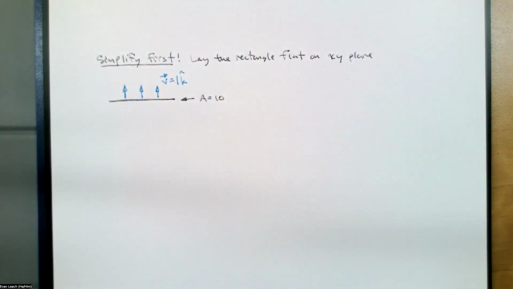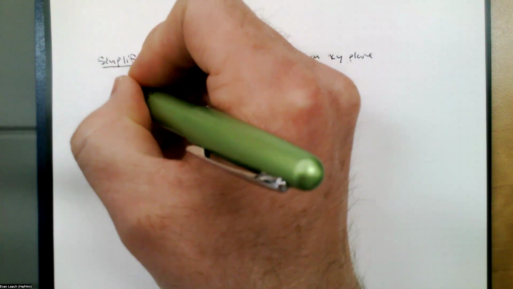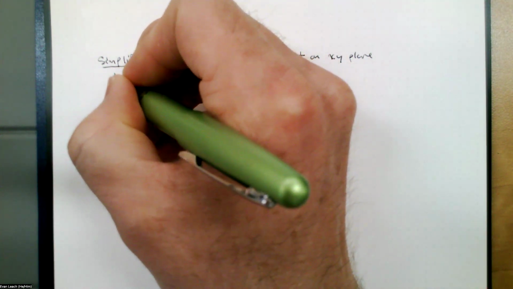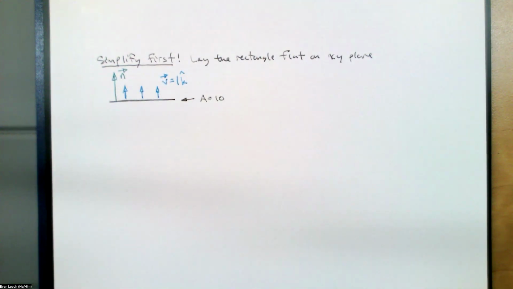So in this case, the velocity is going perpendicular to the normal vector. Normal, if I lay the plane flat, there's our normal vector. So all of the vector field is going through the area 100% because the angle between the normal vector and the velocity is 0.